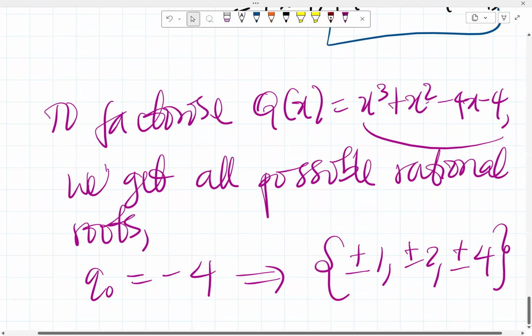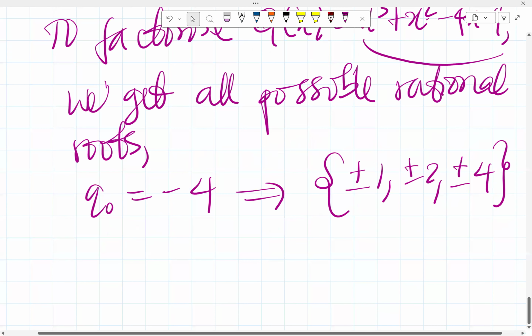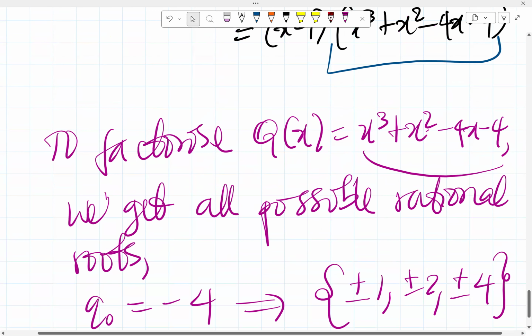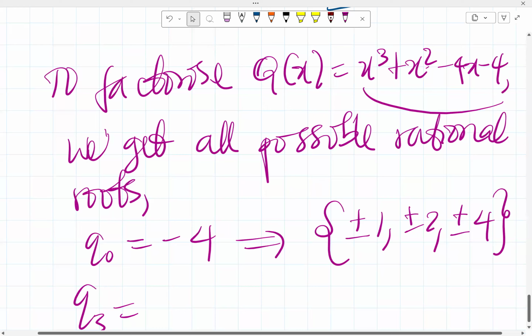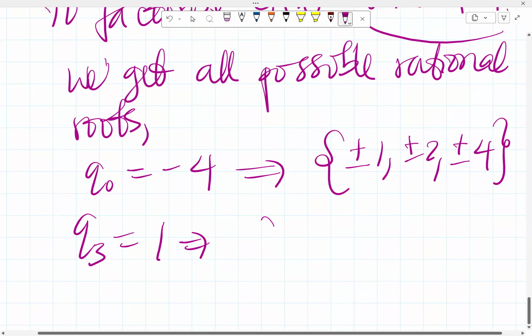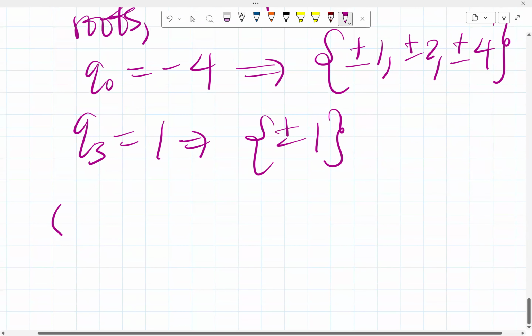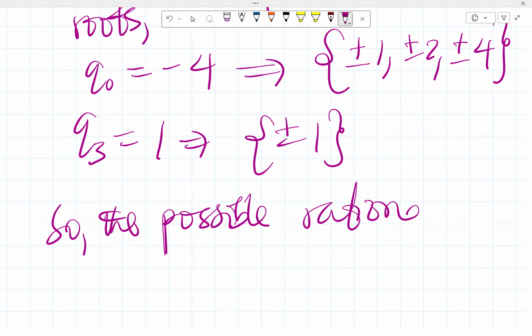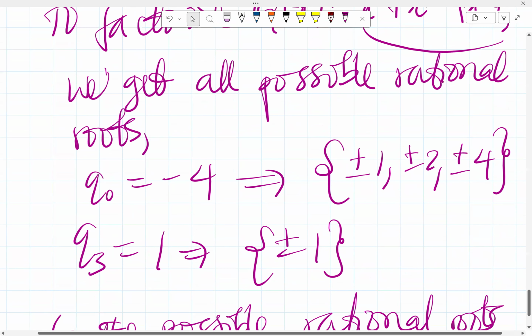And then we get q3, that's the coefficient of x raised to power 3. So q3 now is 1. Thankfully, that's simply plus or minus 1. So the possible rational roots are, it should just be everything here, because each one divided by 1 remains the same.